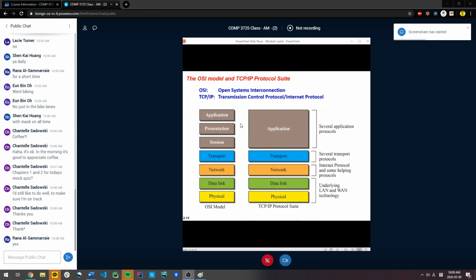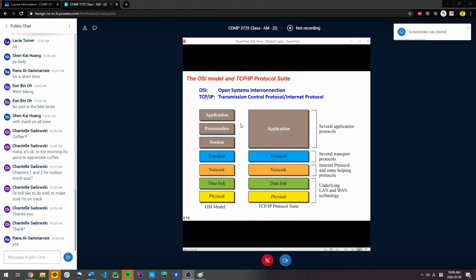The fact that we have been able to go from kilobits per second two decades ago to what we have now, gigabits per second in terms of transmission rates, is truly the result of enhancements that have been done across all of these layers. So it's not just gains in the physical layer.